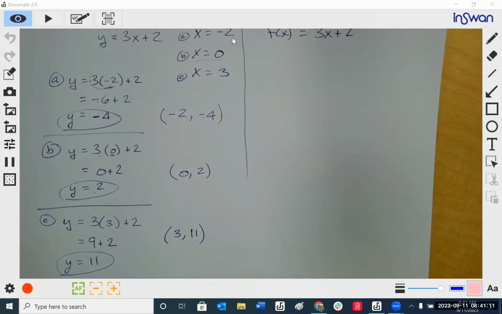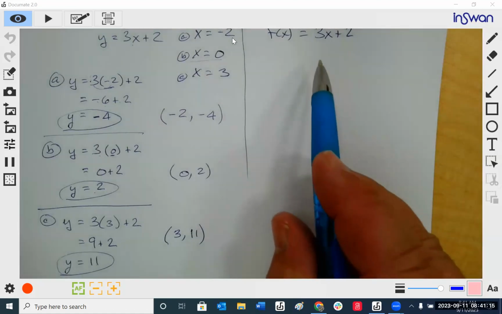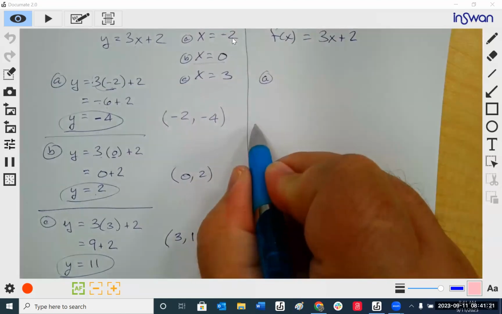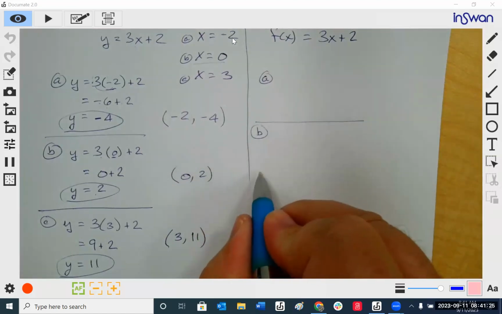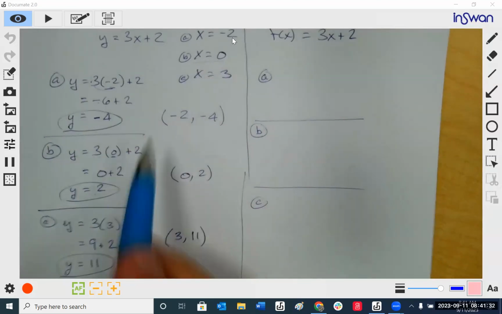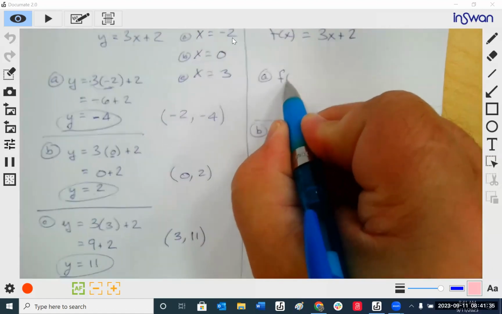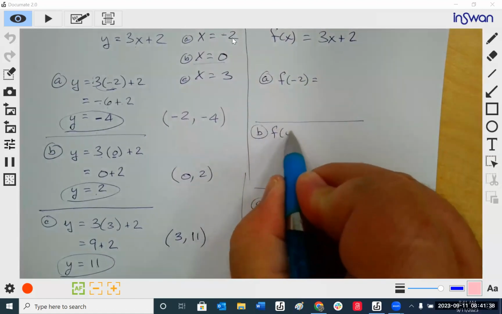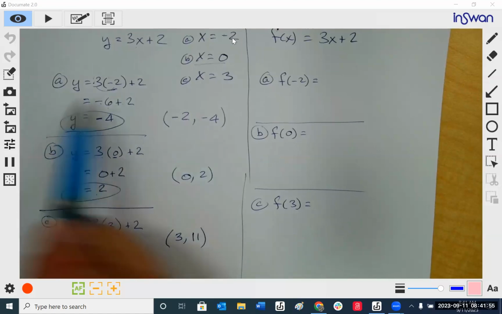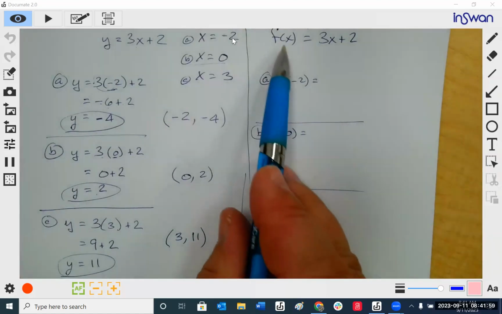A lot of extra writing. Now, if we did functions, the way I would represent the same stuff in functions, they mean exactly the same thing. Whatever's inside the parentheses is my x value.